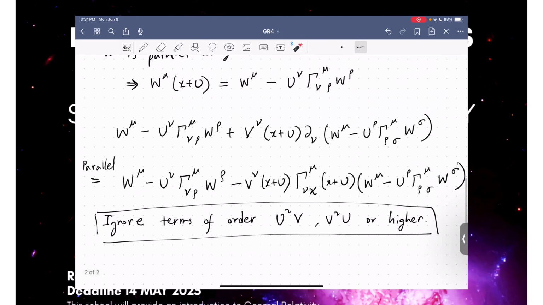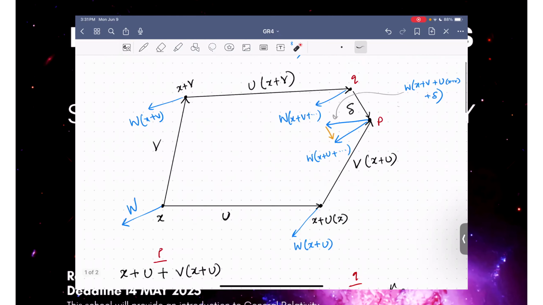Because what I will find is that once I parallel transport these vectors along two different paths and then compute the difference, there would be no difference between those two vectors at linear order in these vector fields u and v. Okay. And the first non-zero difference will arise at the quadratic order. So that quadratic order means u squared or v squared or uv.